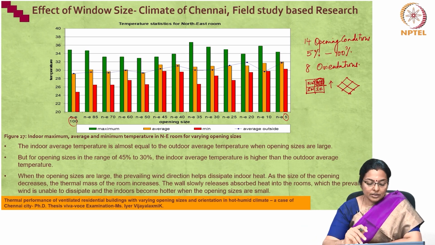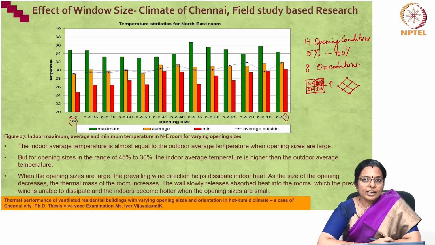Okay. So, it is found that the indoor average temperature is almost equal to the outdoor average temperature when opening sizes are very large. But for opening sizes in the range of say 45% to 30%, the indoor average temperature is higher than the outdoor average temperature.